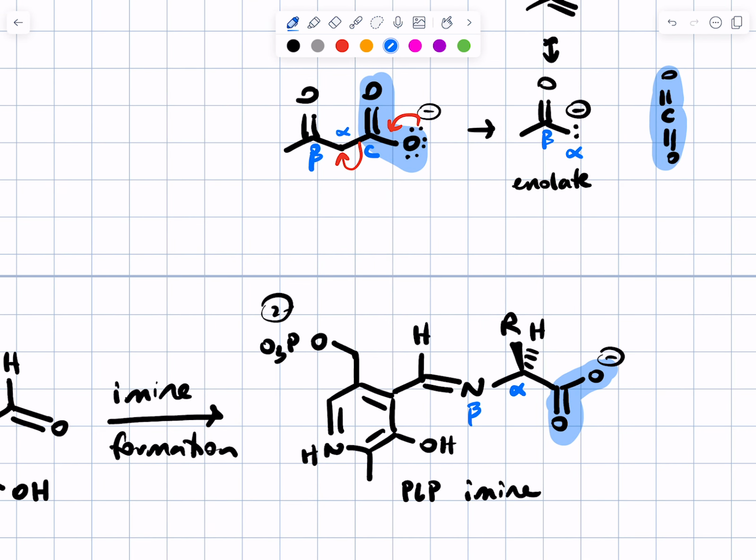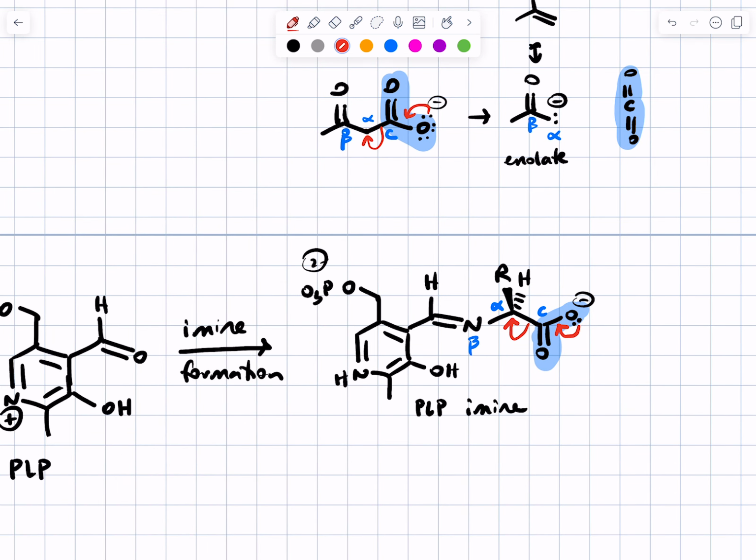And the thing it's bonded to is not an oxygen, but if you imagine lone pairs on this carbonyl oxygen kicking down to form a pi bond and making CO2, then the electrons in the bond between that carbonyl carbon and the alpha carbon would have to go here. And you can see that if they did, they're going to be adjacent to this pi bond where they'll be resonance stabilized.